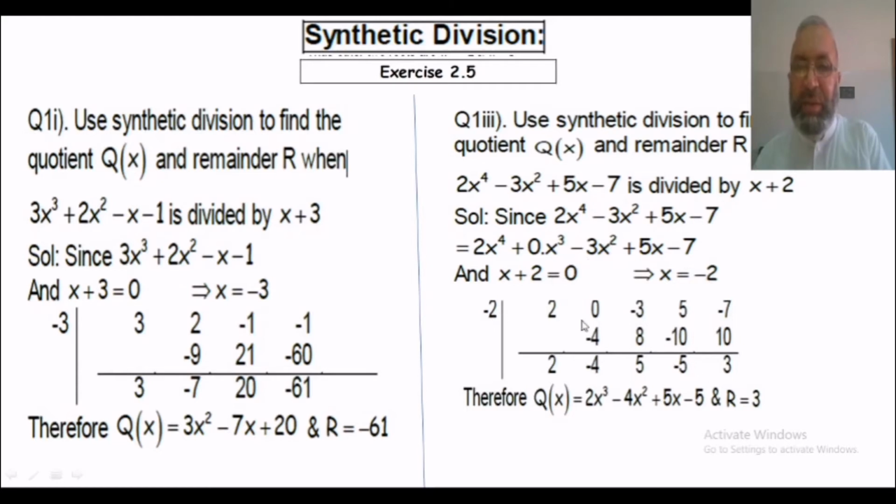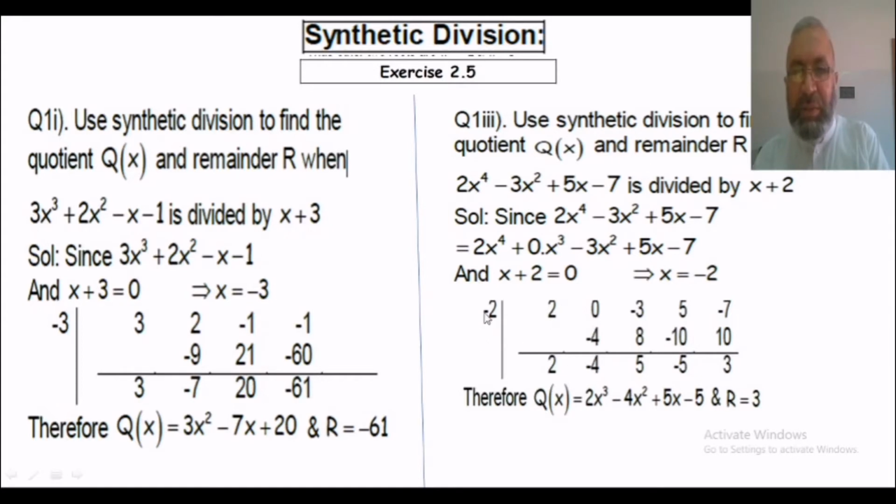So again the same method: drop down, or copy, the first coefficient 2, and multiply with the divisor −2. −2 into 2 is −4, and adding to the next coefficient, 0 plus −4 becomes −4.